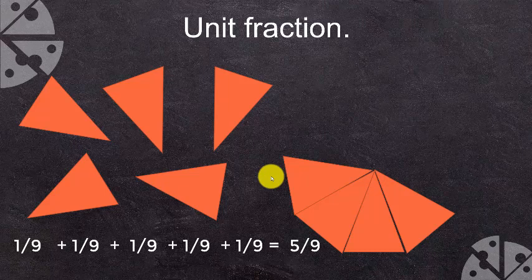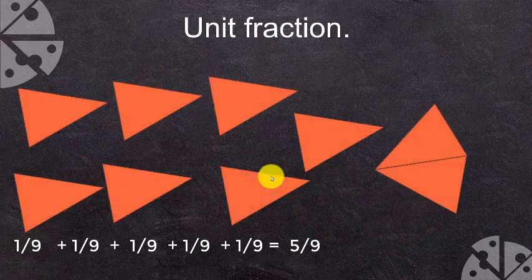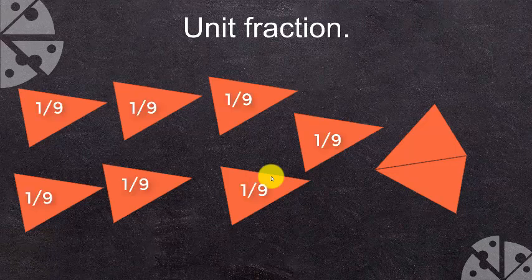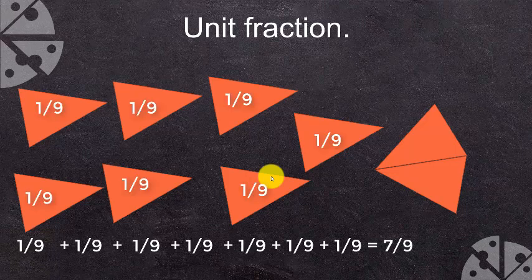We add 1, 2, 3, 4, 5. 5/9. Very good. Another example. I almost ate the entire pizza. 1, 2, 3, 4, 5, 6, 7. 7/9, because the number 9 is the total number of slices the whole thing was divided into.